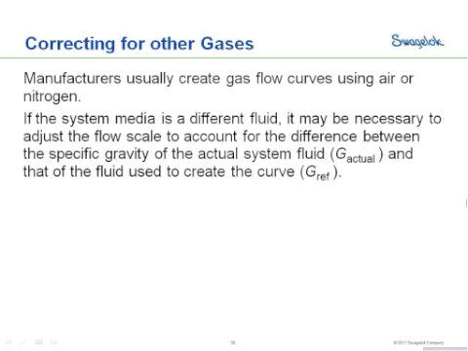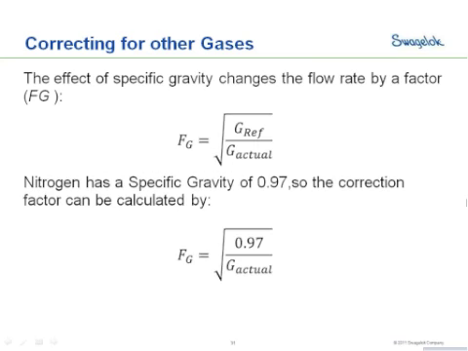We're trying to create a correction factor based on specific gravities. So we'll take the specific gravity of our reference fluid, typically nitrogen or air, divided by the specific gravity of our actual fluid, and take the square root of that to get our correction factor.